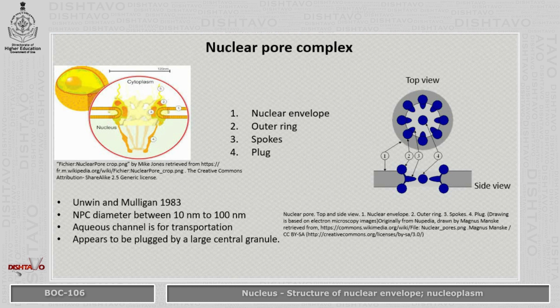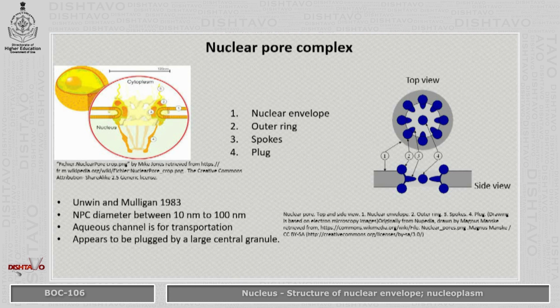It is also seen that there are spokes which are emerging from the central plug and extended towards the cytoplasmic particles towards the outer side and nuclear elements towards the inner side. This gives the appearance of a basket-like structure.